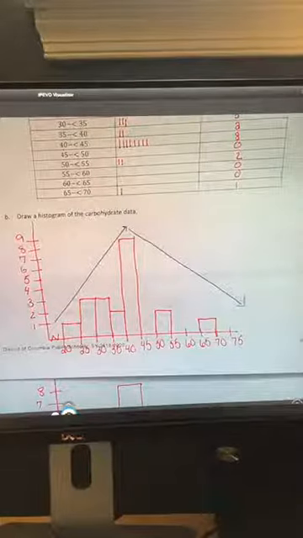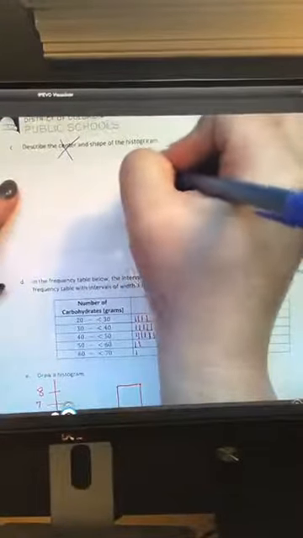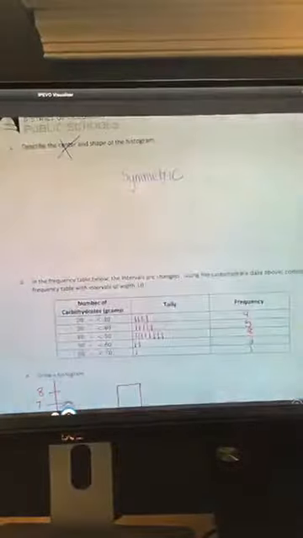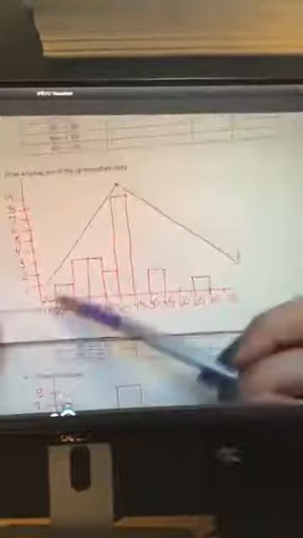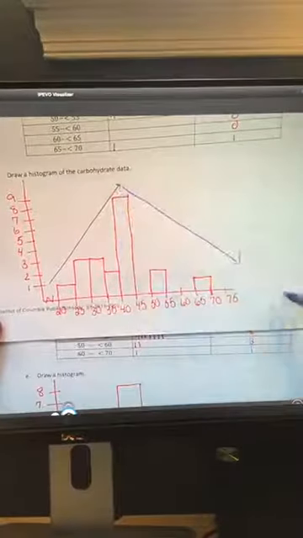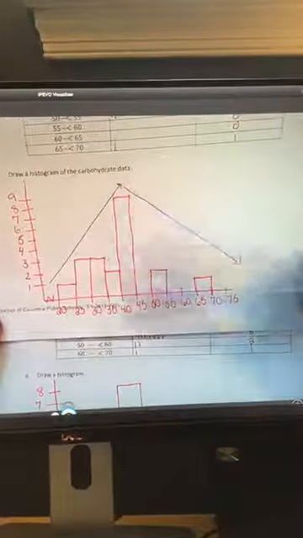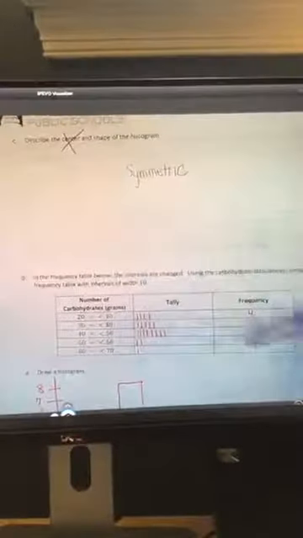Right. Kayla, good job. So the shape is symmetric. Okay, and the reason it is symmetric is because our data goes up and then our data goes down. Our highest data point is more in the middle.